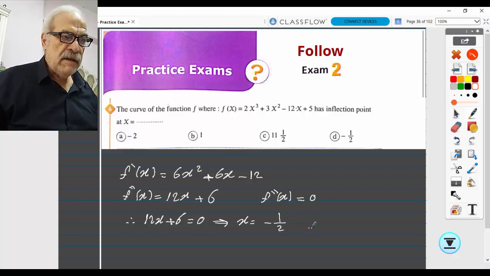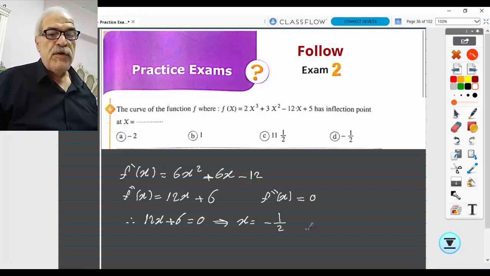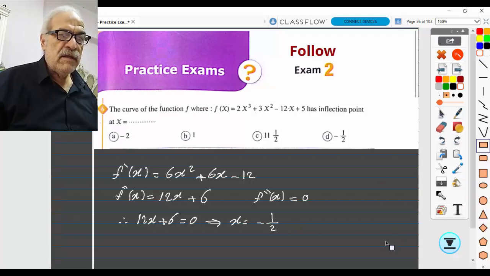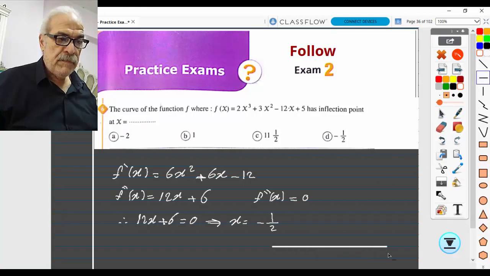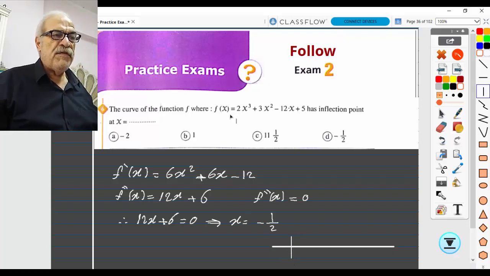Now, we will check the behavior of the function around x equals negative half by drawing the number line. So, we will draw a number line from negative infinity to infinity, because this is the domain of the function f of x equals 2x^3 plus and so on.